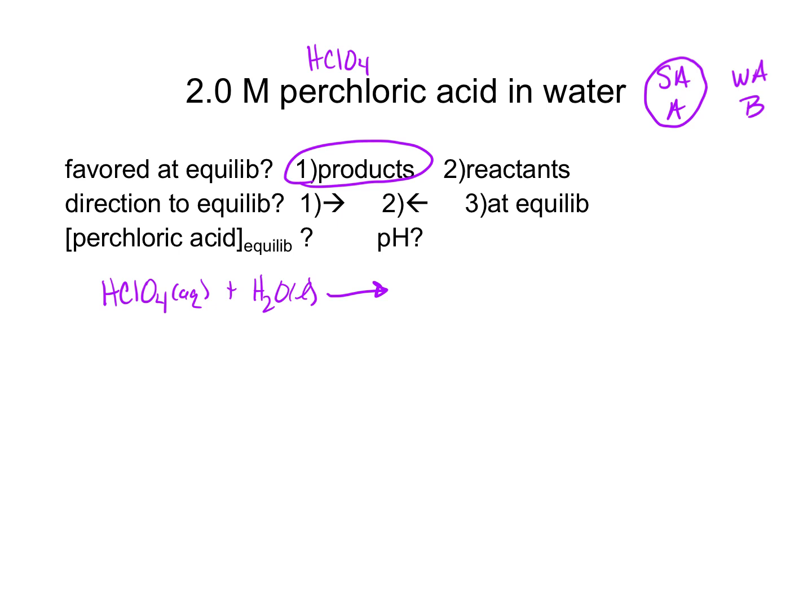Because everything goes to the products. It's just like a completely soluble salt, okay? If that's true, I'm going to form H3O plus, aqueous, plus ClO4 minus, aqueous. Okay, so that is me completely dissociating into my ions.